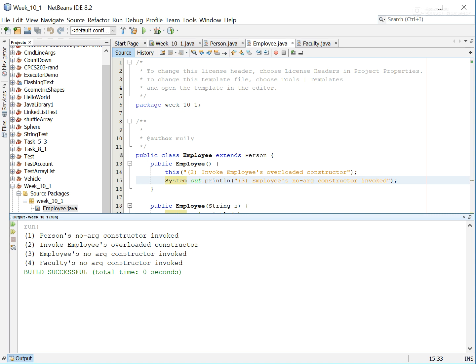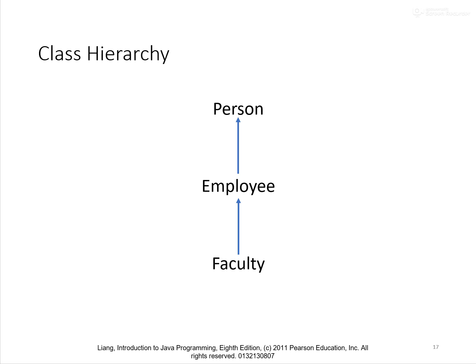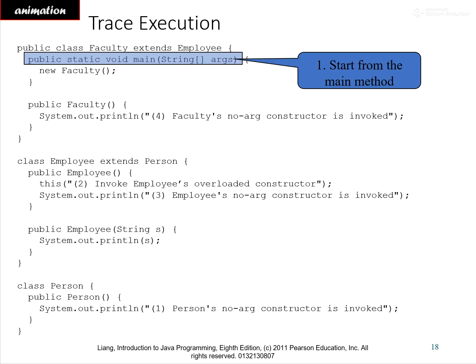Let me show you what's going on in a step-by-step manner. So this is where the program begins. Forget for a moment the slight difference: to save space, we put the main method inside the faculty class, but don't let that bother you.